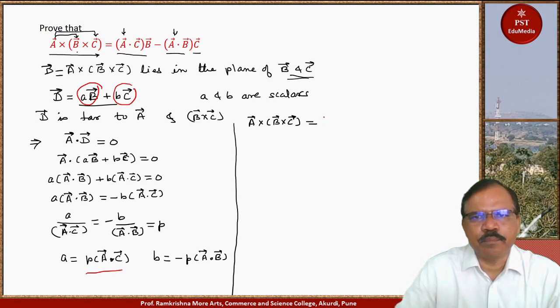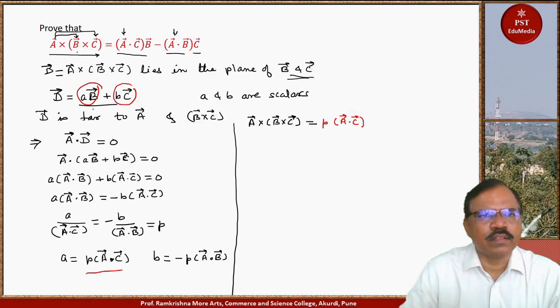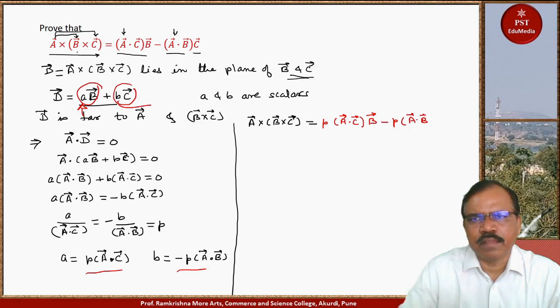So I can write P into A dot C, multiplied by B. Now what is B? This small b is this. So I can write minus P, A dot B, and this one is multiplied by vector C.